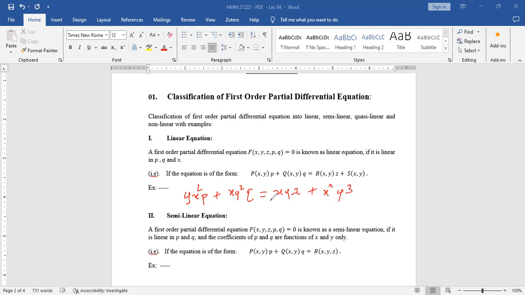Can you see that? This is a linear equation. How? The coefficient of p is a function of x and y, so it can be capital P. The coefficient of q is only a function of x and y, so it can be capital Q. With z we can take this as R, and the last term doesn't have any p, q, z terms, so we can take it as S. This kind of equation we call a linear equation.